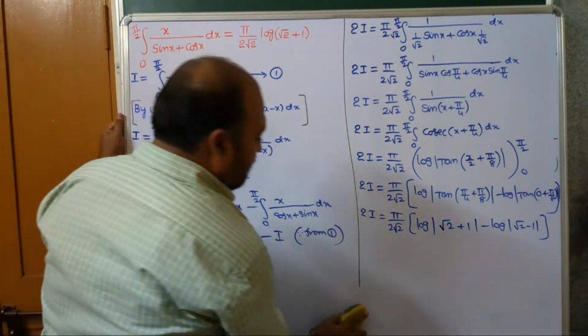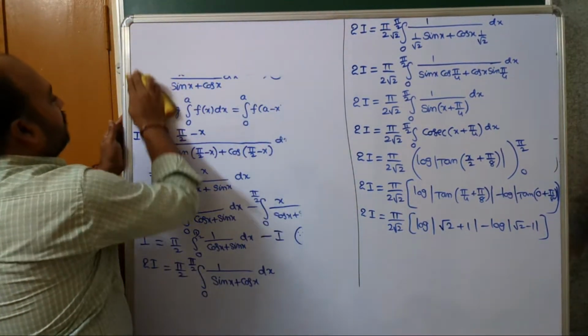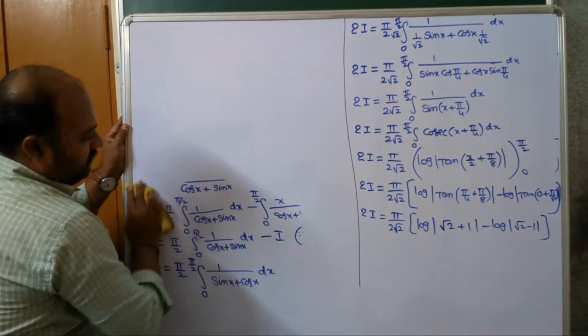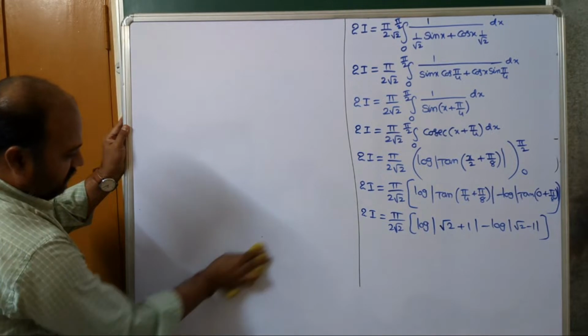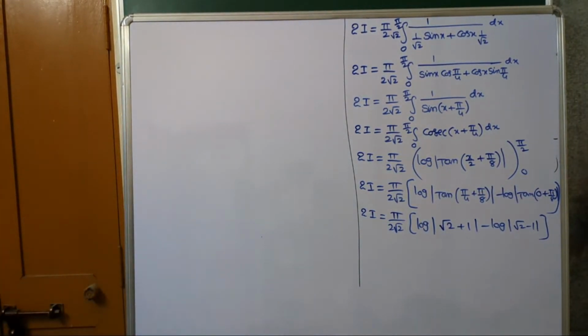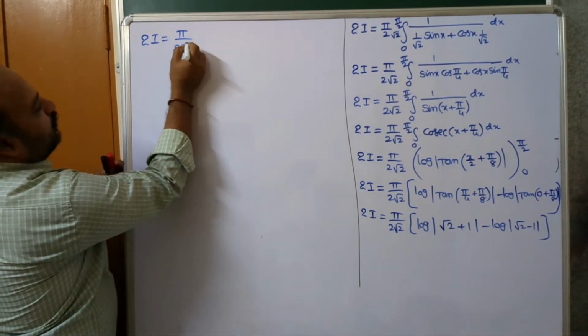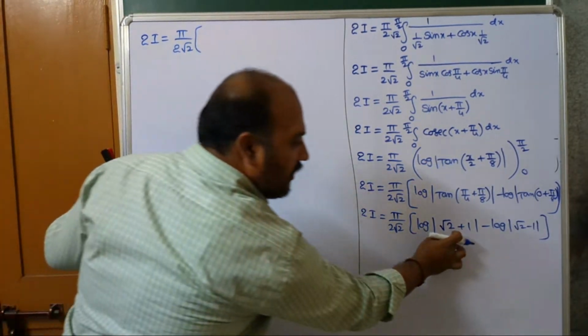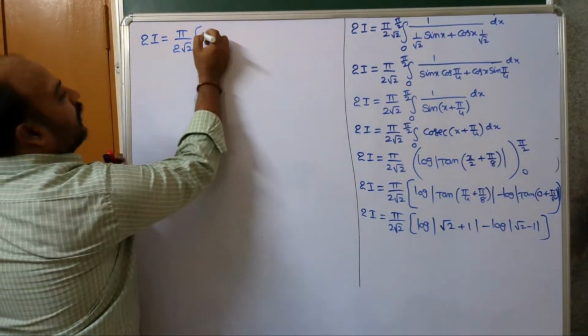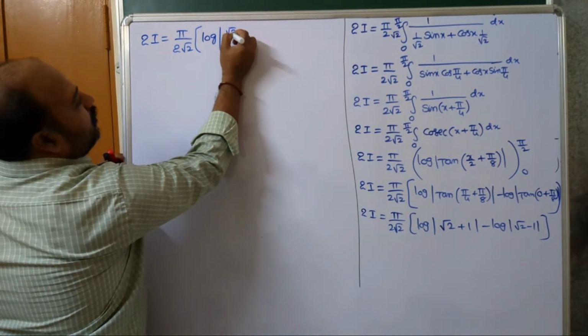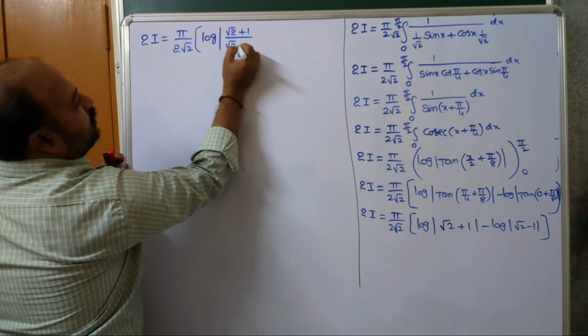I'm going to rub this side. We'll continue from there. So 2I is equal to pi by 2 root 2 log a minus log b, which is log a by b, so log of root 2 plus 1 divided by root 2 minus 1.